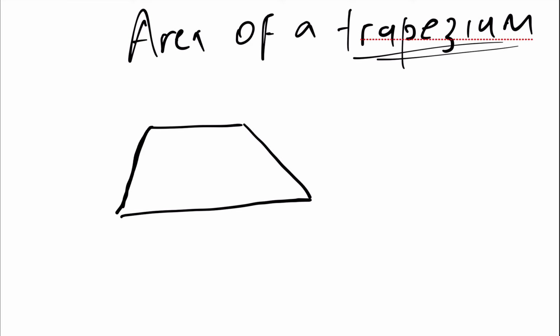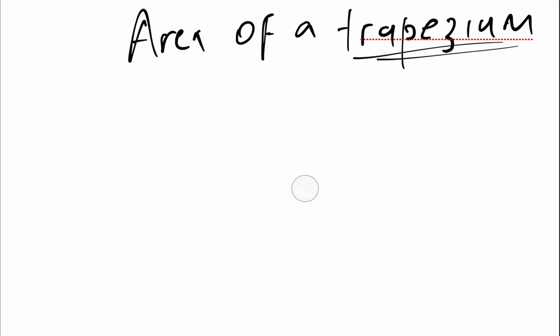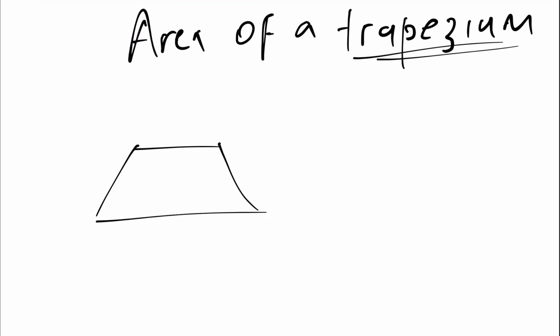Let's say this side is length A and this side is length B. These sides are parallel to each other.